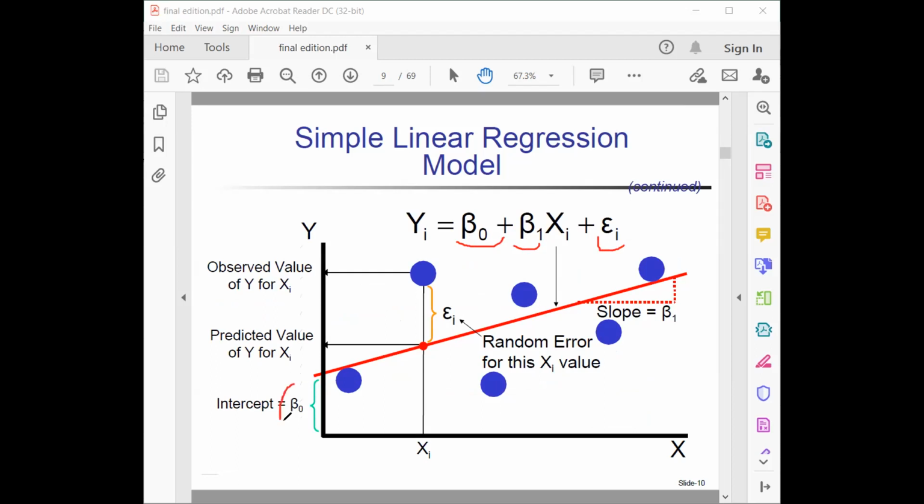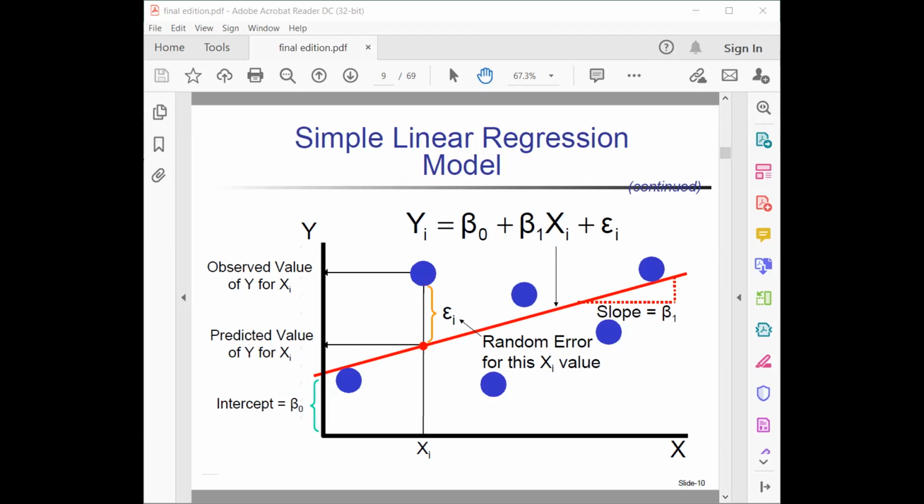This is beta 0, and this is the slope, a comparison between x and y. And the error is the gap between the observed value, or observed sample, and the estimated line, the predictor.